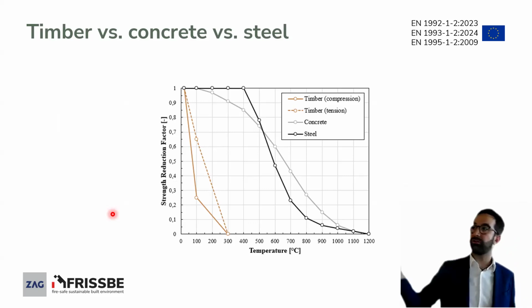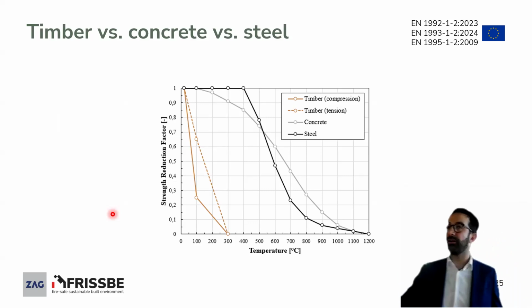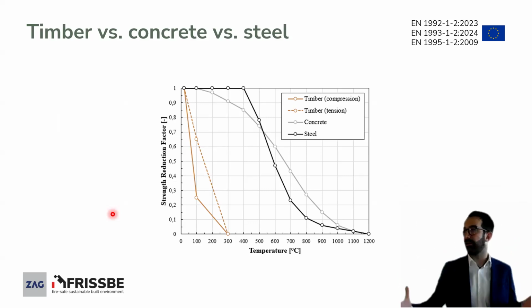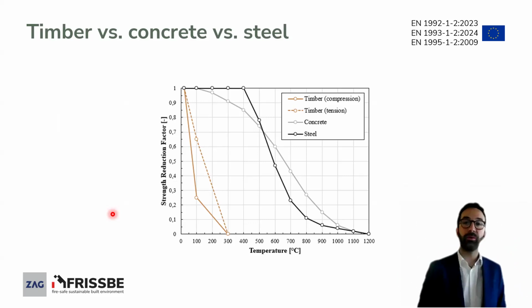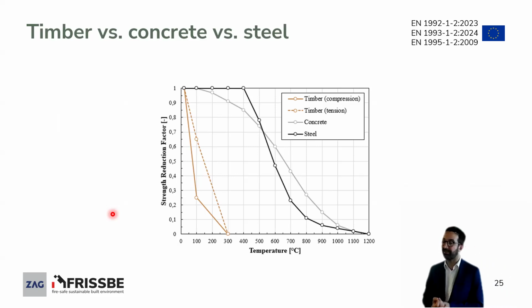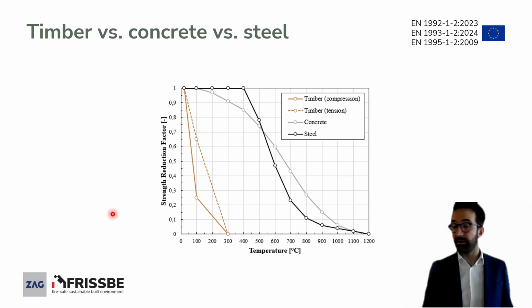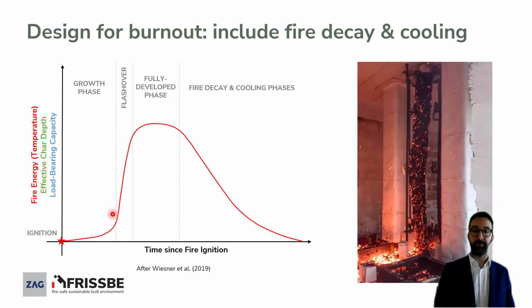You are trying to protect during the fully developed phase of the fire, but when it's cooling down, that cooling is prevented by the fact that you have insulation. But in timber this is more relevant, because the actual temperatures that are relevant for this problem are much lower, and therefore we may experience a bigger problem.